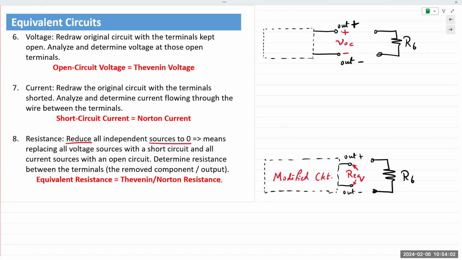If no technique is specified, as in the homework, you can choose whatever you wish to use. You can use superposition, mesh current, node voltage, whatever you wish. If it has only one source in there, you can reduce it down to one single resistance and apply series parallel analysis technique. Apply any technique you want. And then you find the voltage at the output.